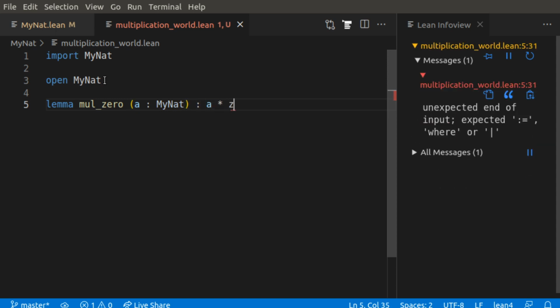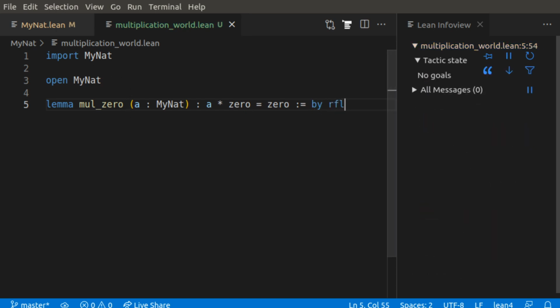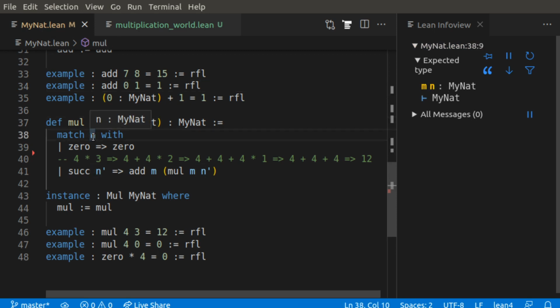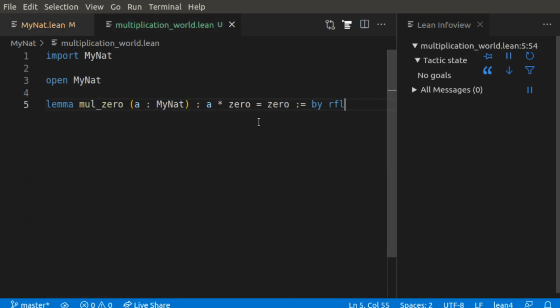We say a times 0 is 0. And we can prove that reflexively because we see the definition here with our recursion or induction on n, where if n is 0, the second thing to multiplication is 0, so we get 0 by reflection.